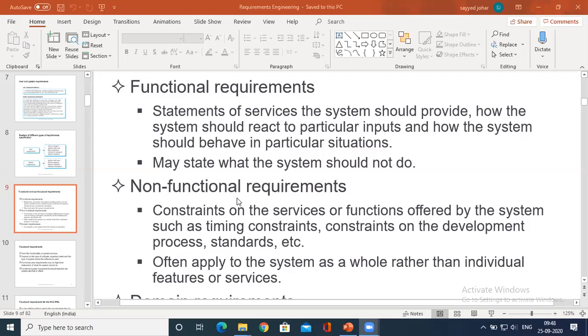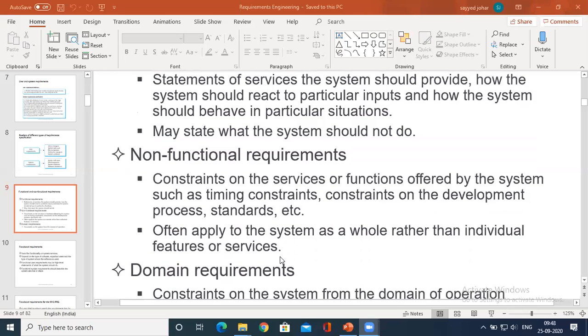All this comes under non-functional requirement. One more constraint I would like to add, rigidity. So you could say non-functional timing constraints, constraints on the development process, and a few of the standards.